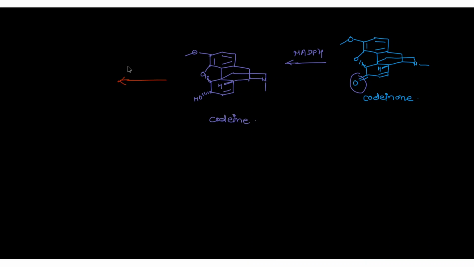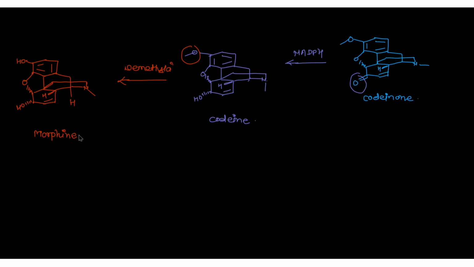In next step, demethylation of codeine takes place, this group, and we get morphine as a product. So this is all about the biogenesis of morphine.